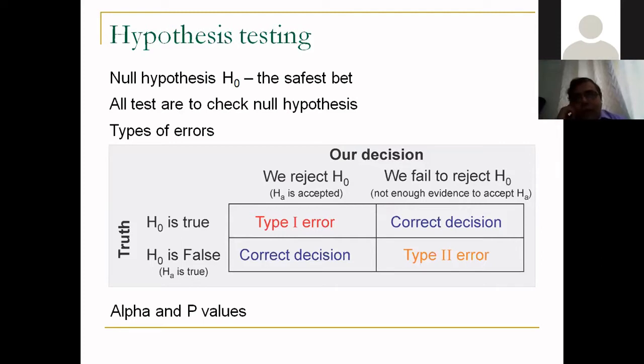Now you cannot start with a null hypothesis that the person has done the crime, because if you start that way, then there is no need for any judgment, because you have already dictated that he has done the crime and you hang him to death or whatever, and that is not the way to go. So always you will start with the null hypothesis that the person is not guilty, unless you can prove that he is guilty.